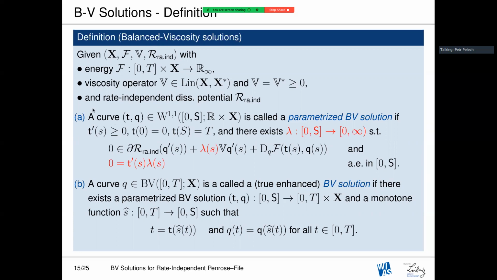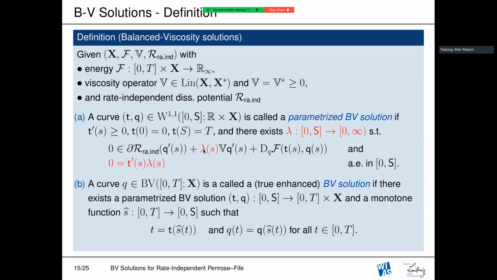Then we say that the curve of time and the state is a parameterized BV solution if the time is parameterized appropriately, which means it's non-decreasing, it's zero at zero, and it reaches the final time at the final arc length. And moreover, there exists a Lagrange multiplier lambda, which somehow triggers the behavior. So if lambda is zero, then you have a normal rate independent system.